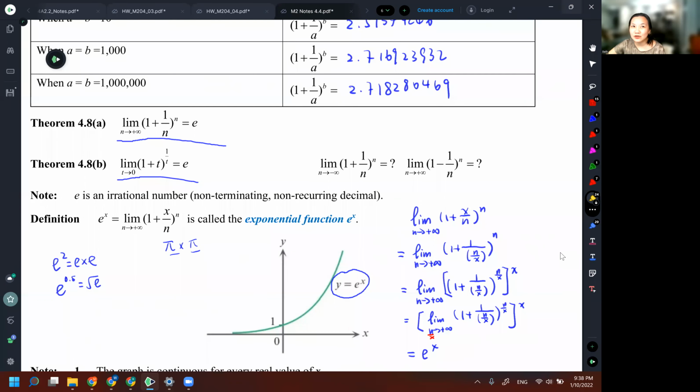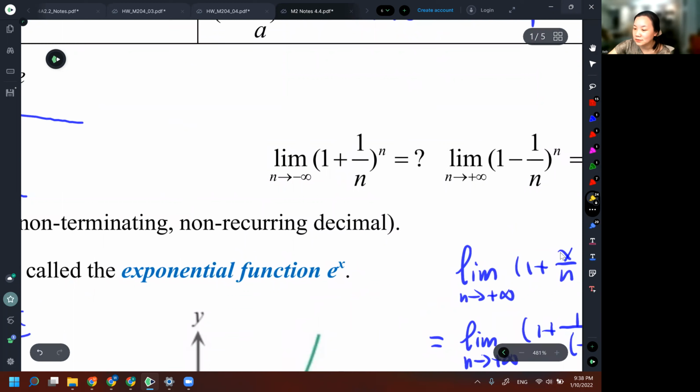I think you can use this one is equal to E. Now I give you without proof. If you don't believe me, you can use your calculator and put n equal to -1,000,000 to check. But in my mind, I think this is equal to E.